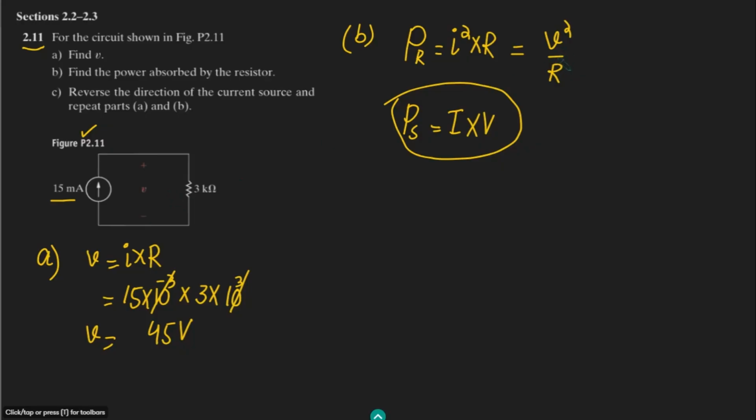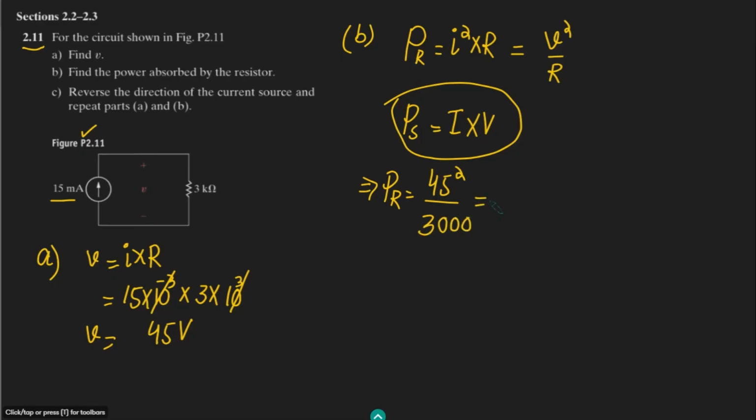So let me take this formula, V square divided by R. So P of R is V square divided by R. The voltage across it is known, and that is 45, as we have already found. 45 square divided by R, and R is 3 kilo ohm or 3000.